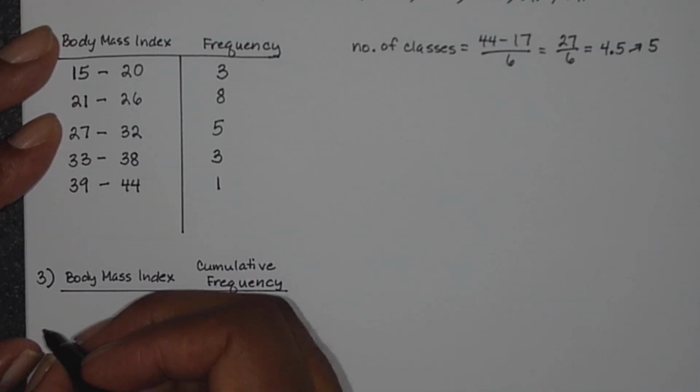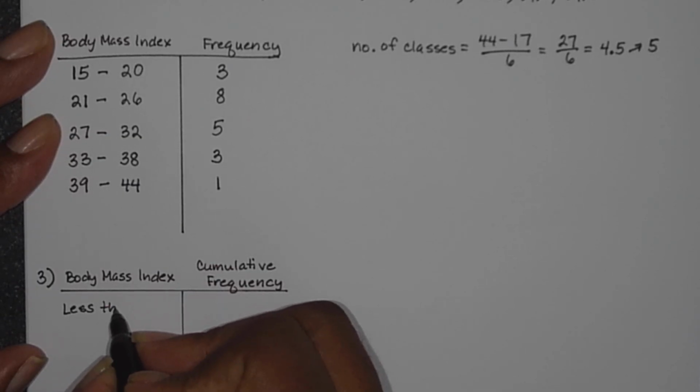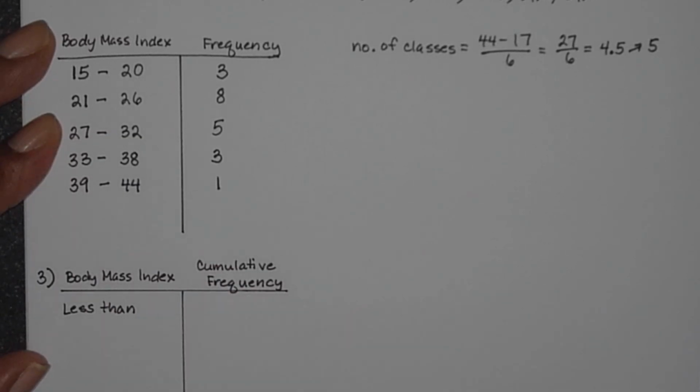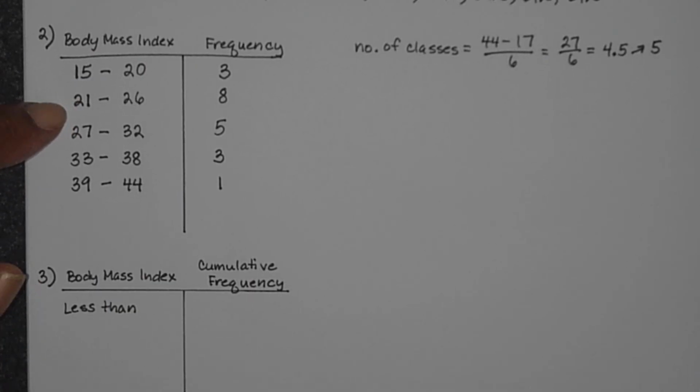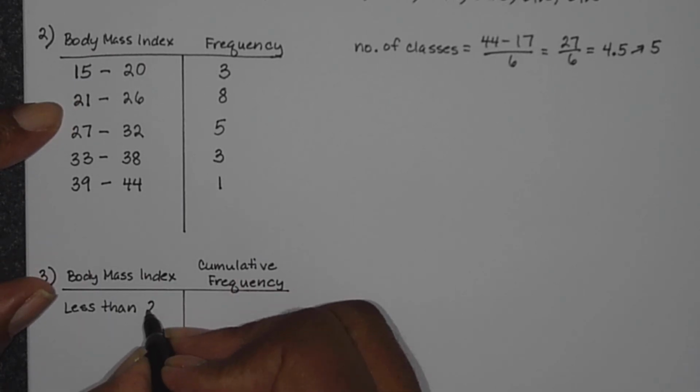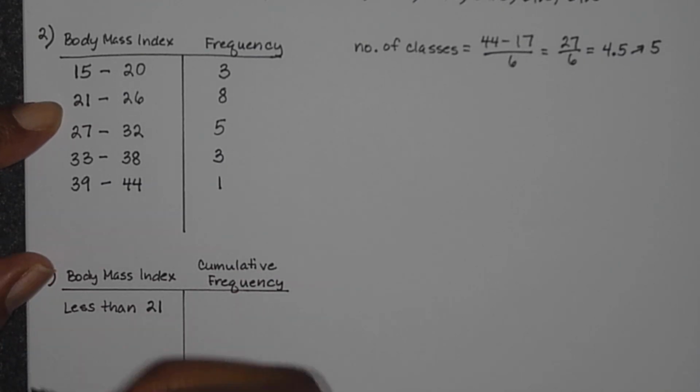Okay, now the way we're going to do the cumulative frequency distribution, we're going to use the phrase less than. And the way we do that is going to be the less than the second lower class limit, which is in this case 21. Because we're looking at data values, that's going to be less than 21.